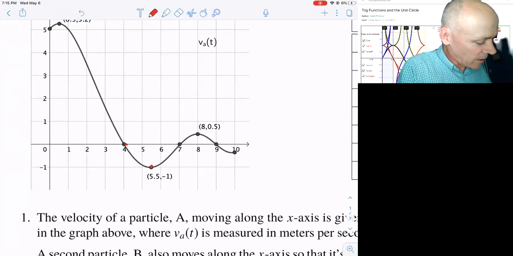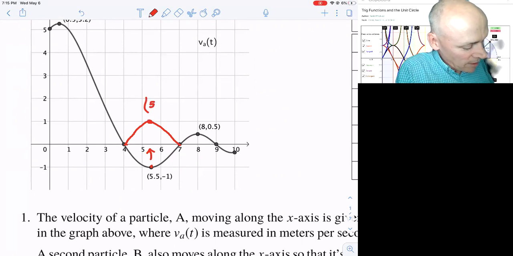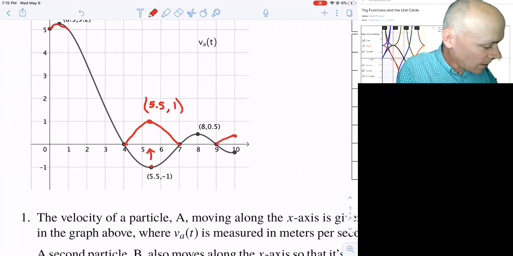I can see right here that this is going to come up like that. I'm basically just reflecting that. Now that point down there on the speed graph is at 5.5, comma 1. And then this portion right here is going to reflect up like that. I'll trace that in red.